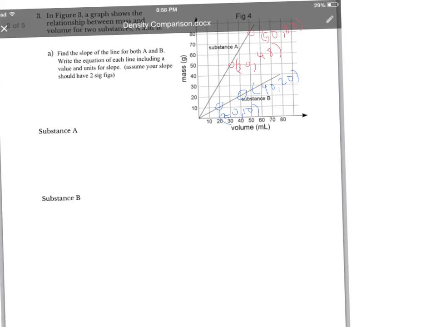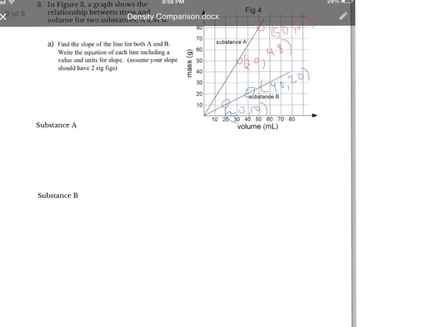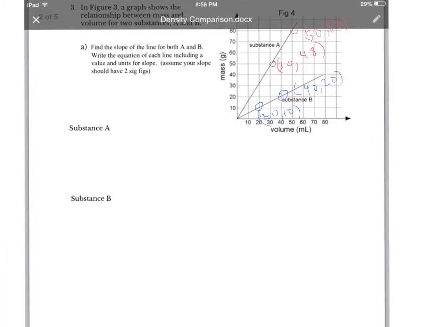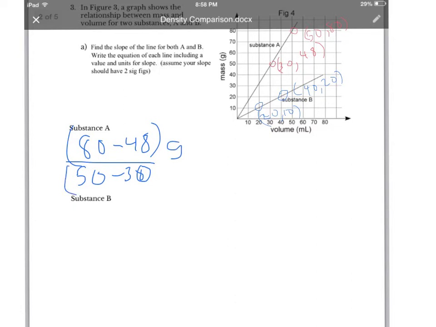So for substance A, I have the change in Y over the change in X, which would put me at 80 minus 48 all over 50 minus 30. And the units for 80 minus 48 are grams, and the units for 50 minus 30 are milliliters, and that comes straight from our graph.